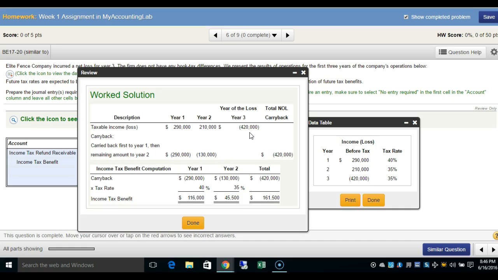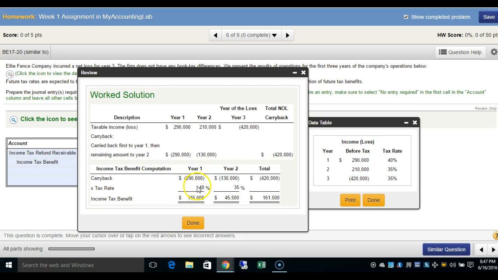And start working your loss against your taxable income. In year 1, we're going to use up $290,000 of the $420,000 loss. In year 2, we're going to use up the remaining $130,000 of the $420,000 loss. That uses up the full $420,000.